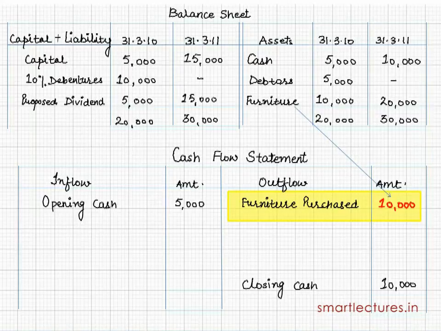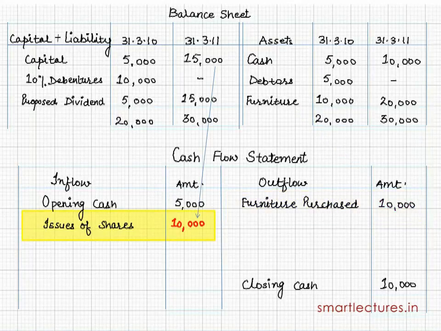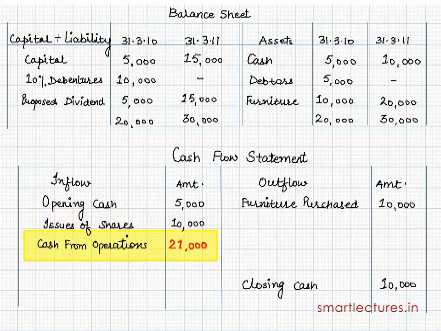It is always due to fresh capital. It means the company has issued shares to the public and the company has collected the money. So issue of shares on inflow side rupees 10,000. Then cash from operation 21,000. On inflow side total 36,000 rupees.